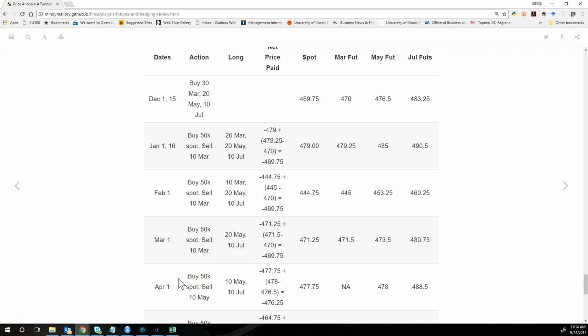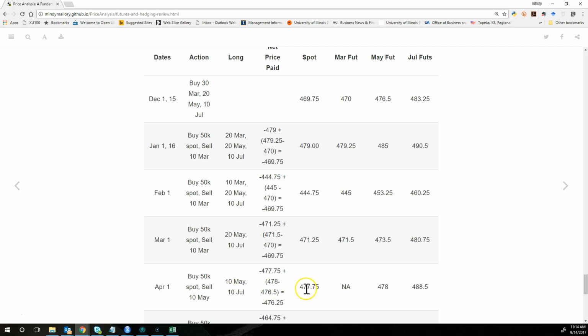They're going to buy 50,000 bushels in the spot market and lift 10 of their hedged futures contracts, and that's going to be in the May contract because the March contracts were already gone as of that March purchase a month ago. So that means 10 of the contracts have come off of the May hedge, and we're left with 10 contracts left and 10 July contracts.